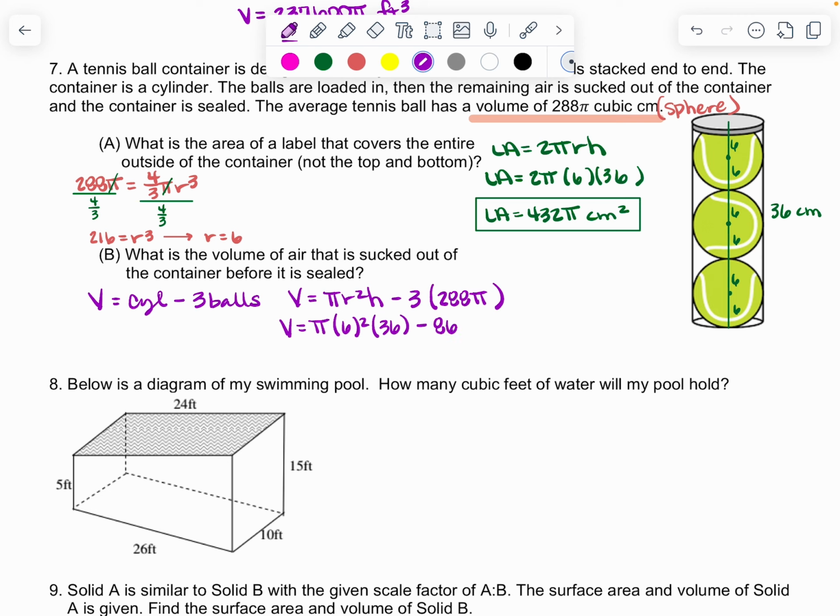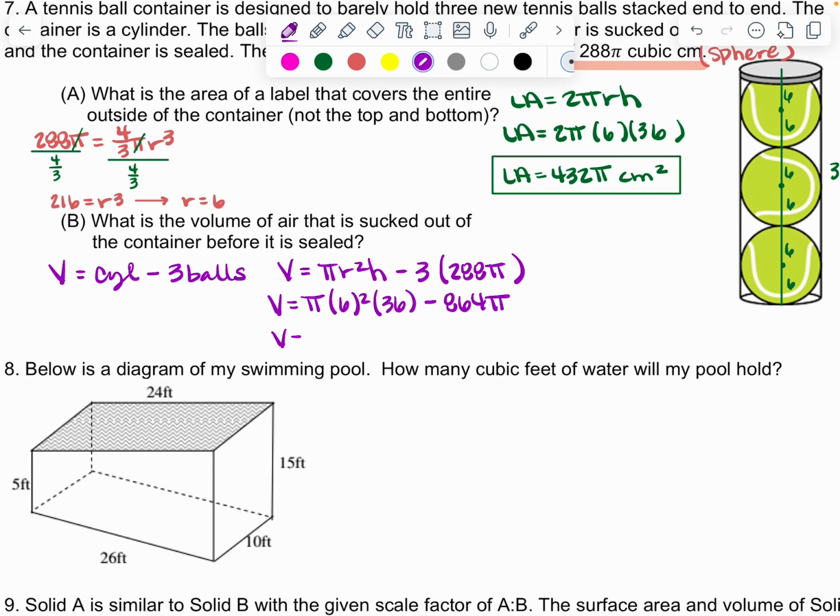And then minus, I'm going to go ahead and multiply that. So 3 times 288 gives me 864 pi, being the volume of all 3 tennis balls. And then 6 squared times 36 is 1296 pi. So that's the volume of the cylinder minus the volume of the 3 tennis balls.